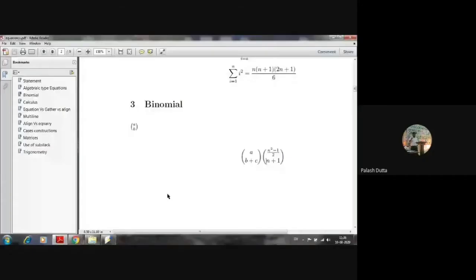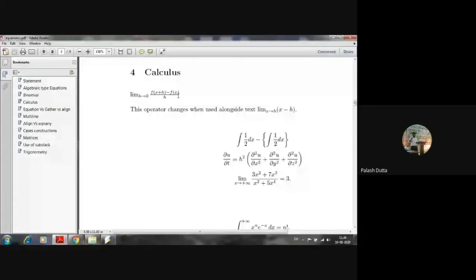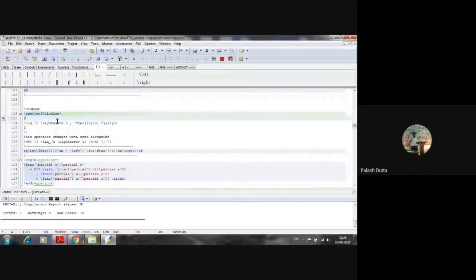Then we will discuss some calculus. Limit h tends to 0 of f of x plus h minus f of x upon h, right? So for this expression, we are using slash lim, subscript h tends to 0, slash to 0, then frac f of x plus h minus f of x upon h, in another bracket.